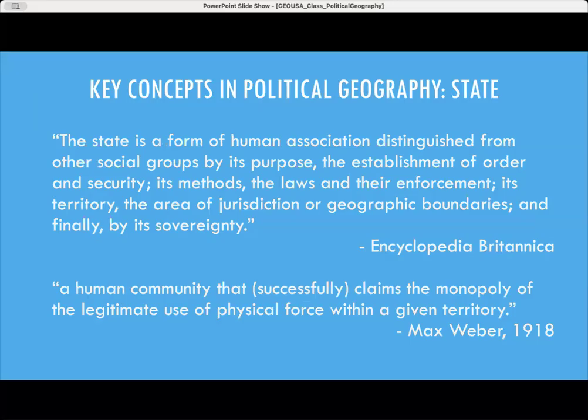So when we're talking about the state, we're really getting into the main subject around the form of organization. We're talking about a political organization, because it involves politics and policies to be able to bring together this human association and establish a form of order that we then regulate.